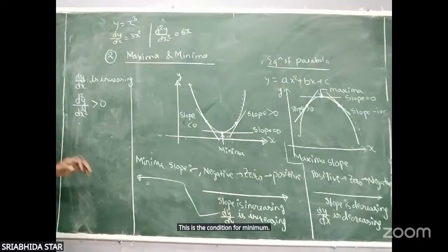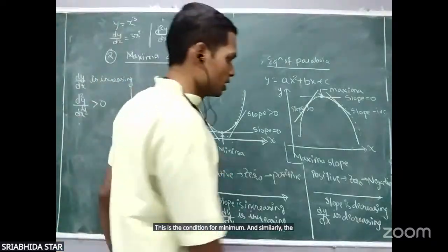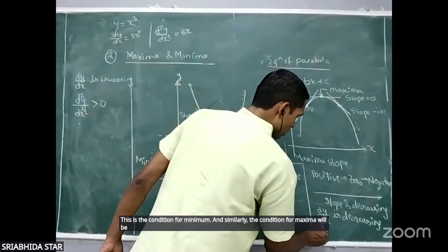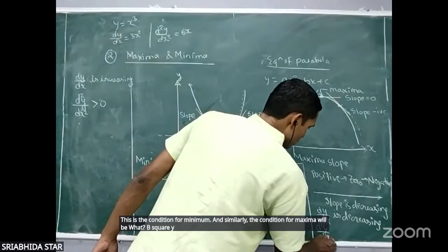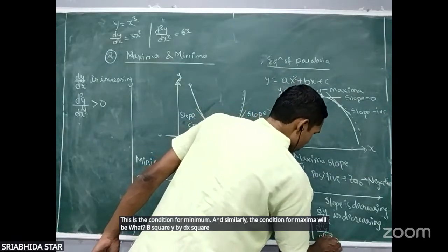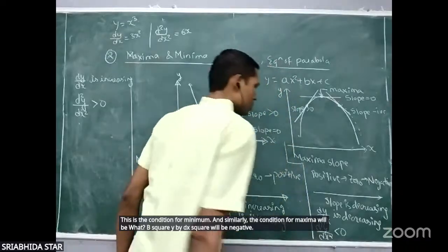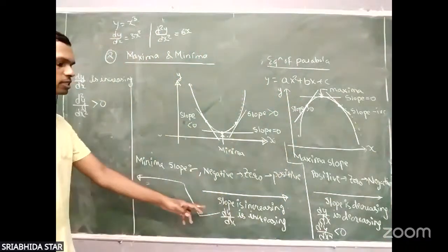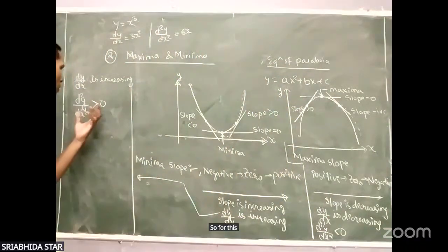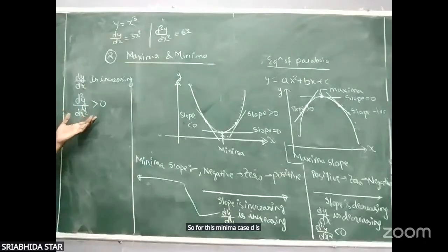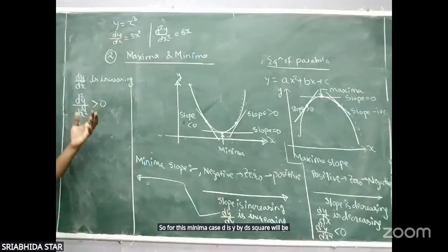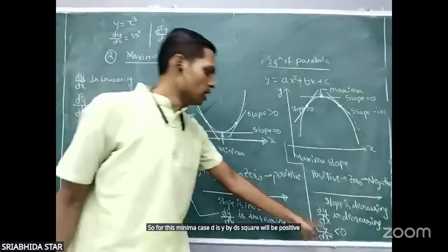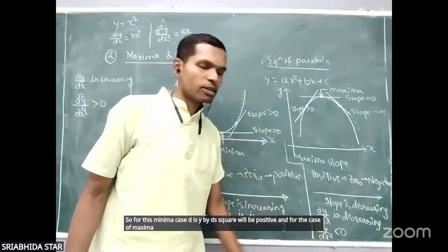And similarly, the condition for maxima will be what? D square y by dx square will be negative. So for the minima case, d square y by dx square will be positive, and for the case of maxima, d square y by dx square is negative.